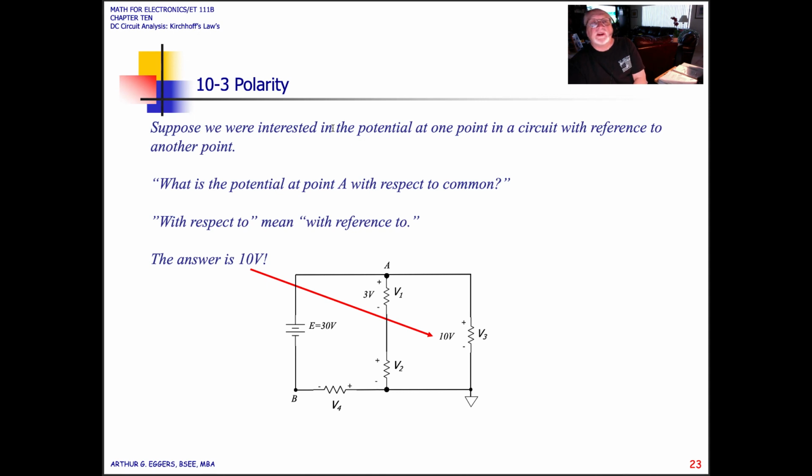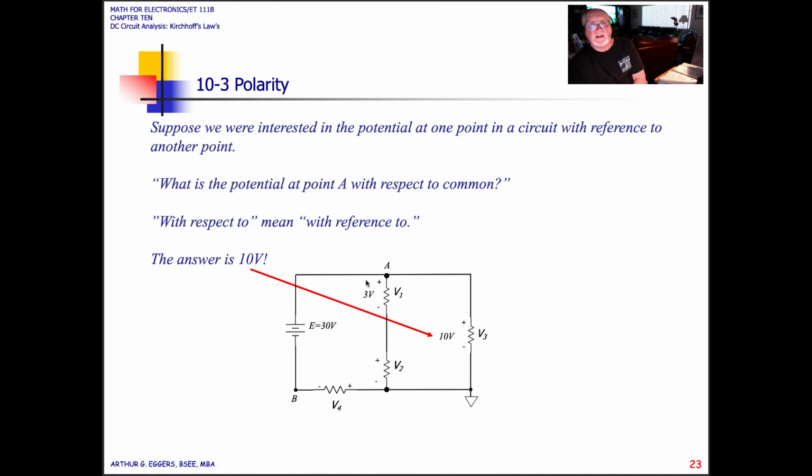Suppose we were interested in the potential at one point in a circuit with reference to another point. Well, what does that mean? What is the potential at point A with respect to the common? Well, with respect to means nothing more than reference to.